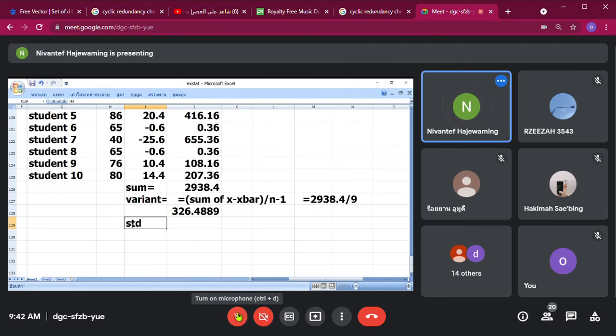STD is equal to the square root of variance. It means the square root of this number, 326.4889, right?